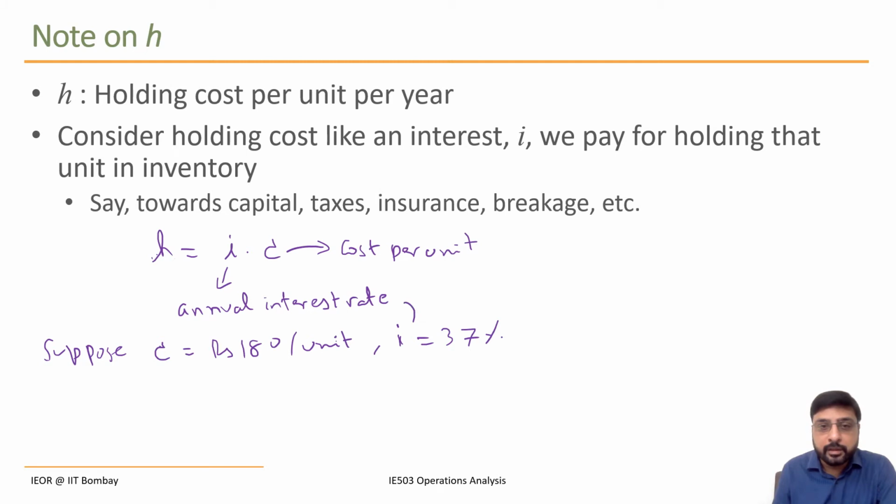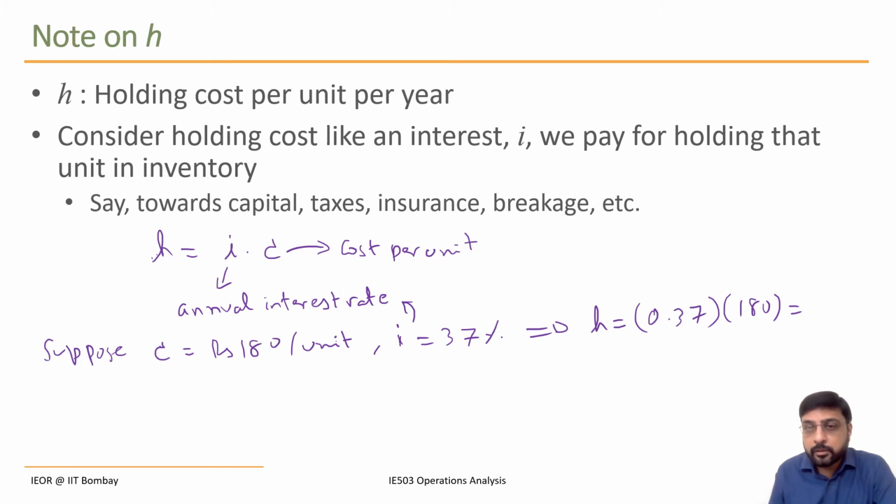Remember, I is the annual interest rate. In that case, our H comes out to be 0.37 into 180, which is rupees 66.60. Now, the importance of this comes from the fact that this is a cost.